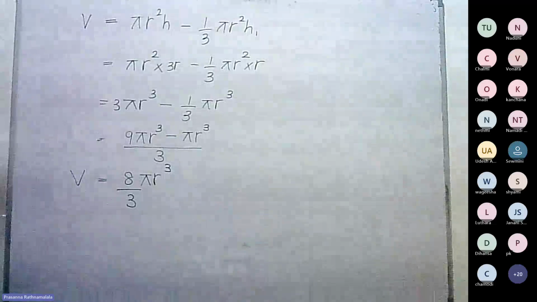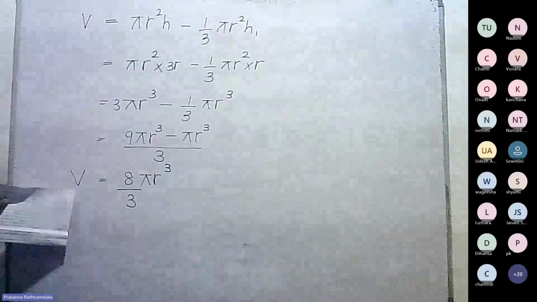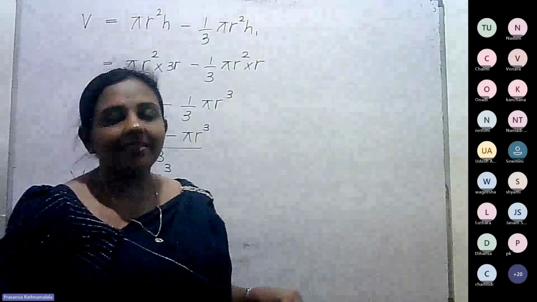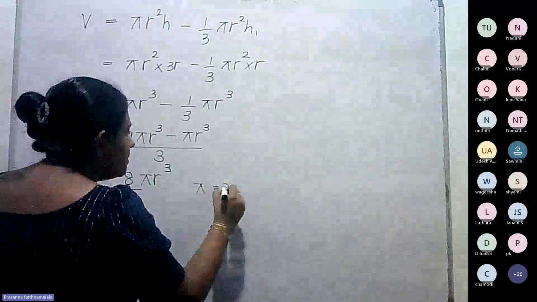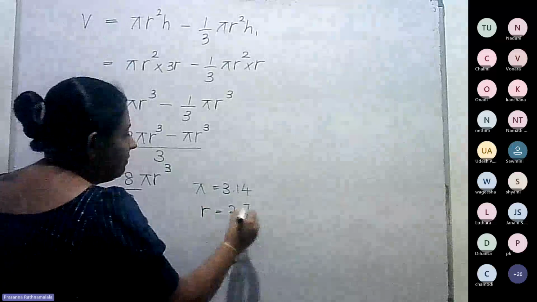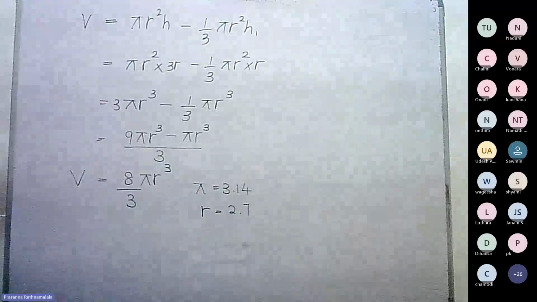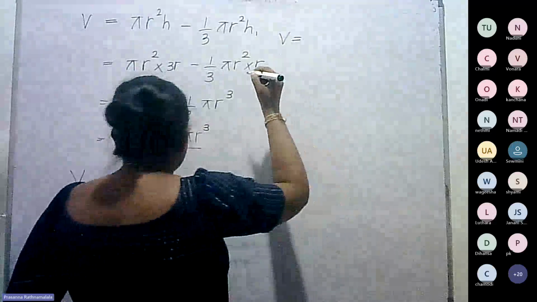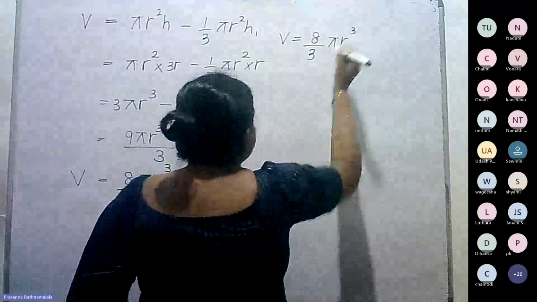Then if you are asked to find the volume, the remaining volume of this solid, using the logarithmic tables, if you can take π equals 3.14 and r equals 2.7, right? Now you substitute, right? Then the equation here is V equals 8 upon 3 πr cube.